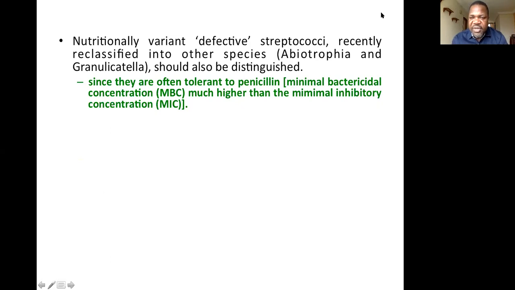It's also very important to identify this group because from a management perspective, those are often tolerant to penicillin, which means the minimal bactericidal concentration is much higher than the minimal inhibitory concentration. So this makes them tolerant to penicillin.